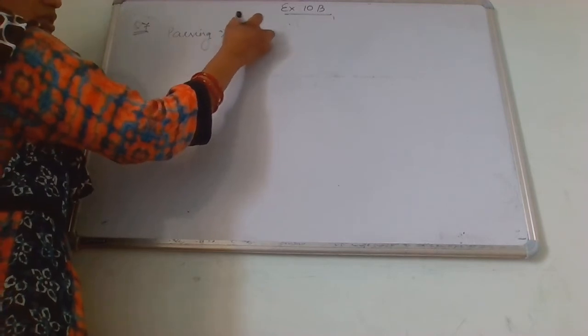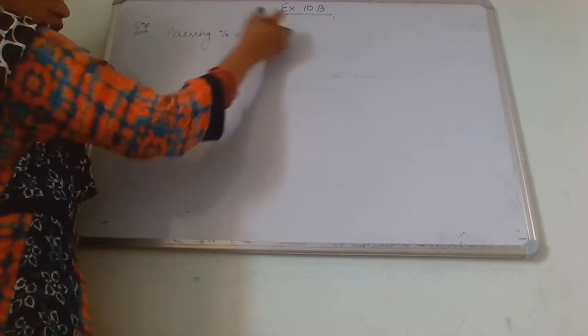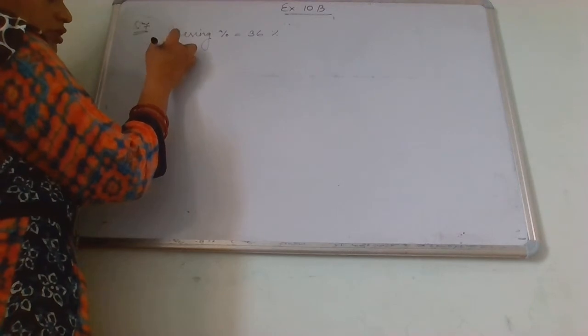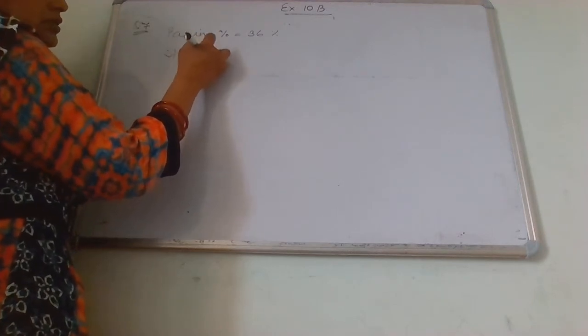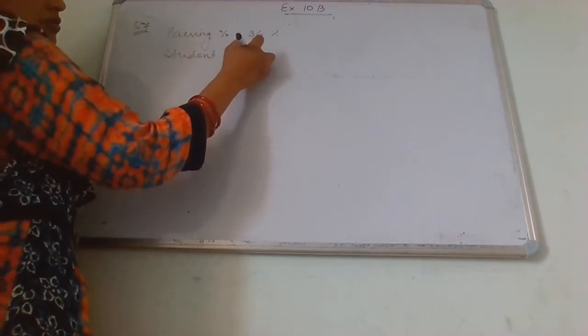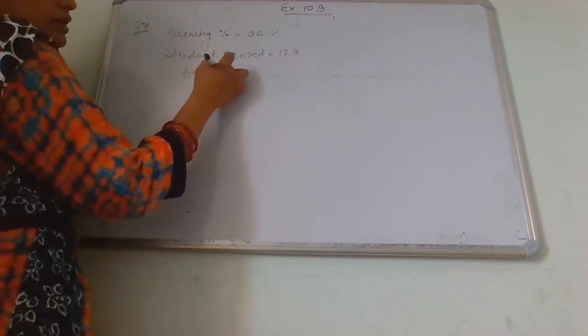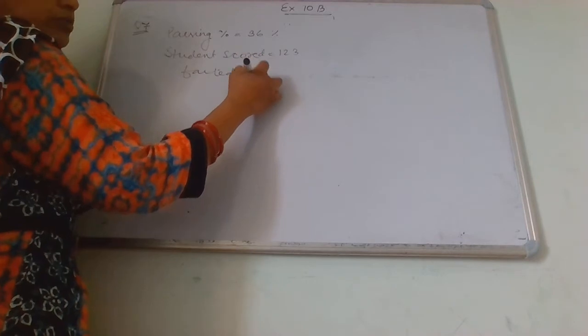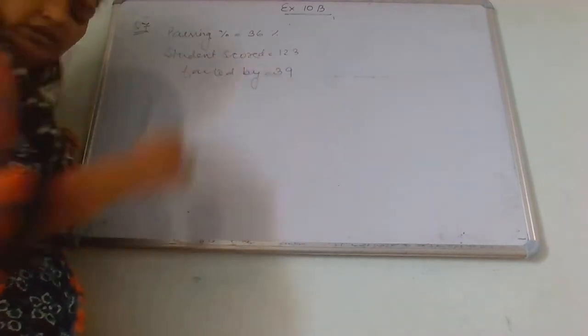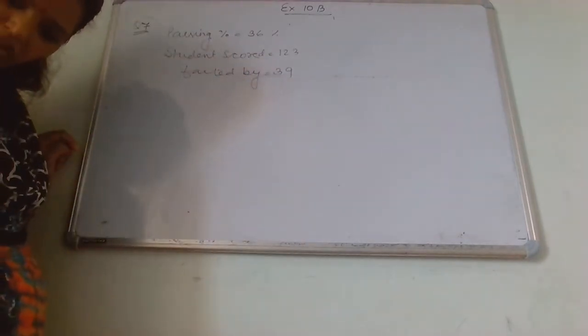It is 36%. The student scored marks 123. Failed by how much? 39.